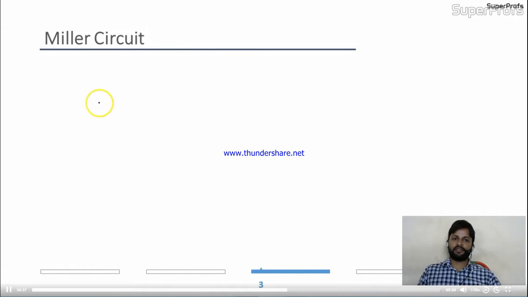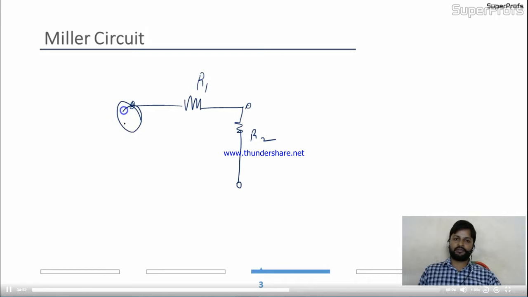See, suppose you have connected two resistors R1 and R2, and suppose you have some voltage over here, Vin. If you are adding resistances in the circuit in series combination, your current is going to decrease. Why?